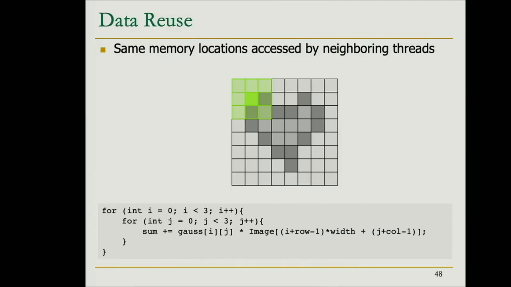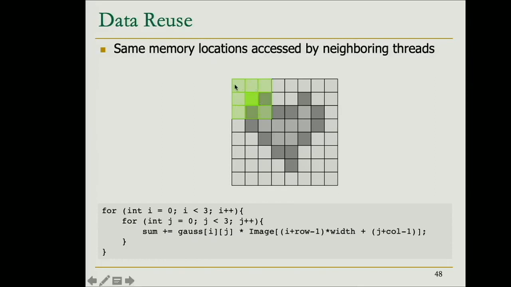The computation that we need to do for each individual pixel is going to be something like that. This is the sequential code for what is called Gaussian filtering.